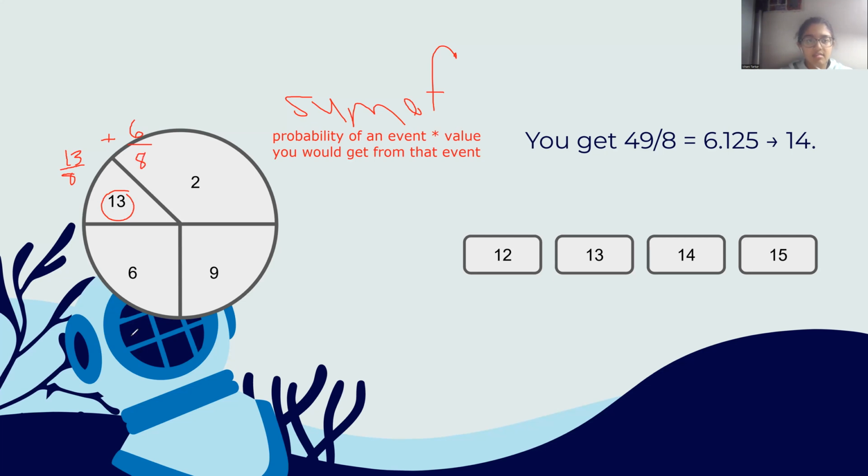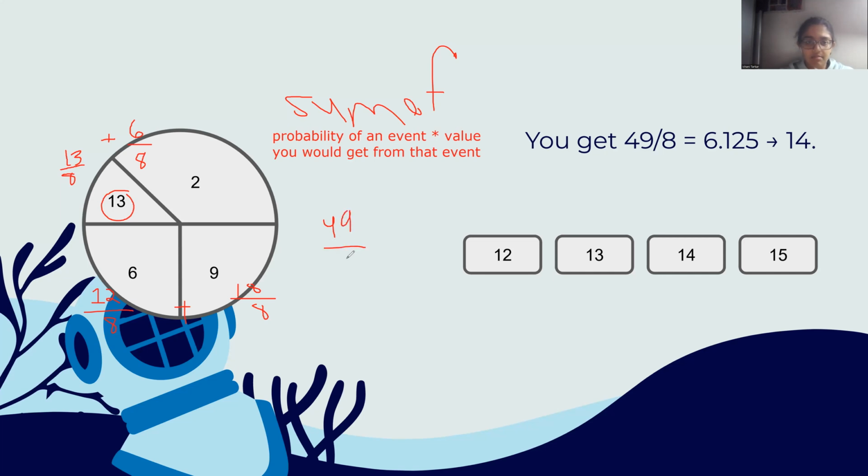And then the 6 would have a 1/4 probability, so that would be 6 times 2/8, which is 12/8. And then this 9 would also have a 1/4 or 2/8 probability, and we would multiply that and get 18/8, right? So we add these all together and we get 49/8.